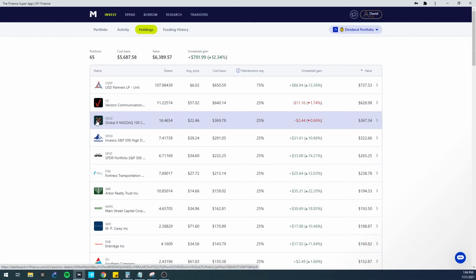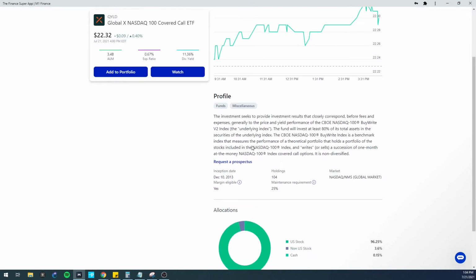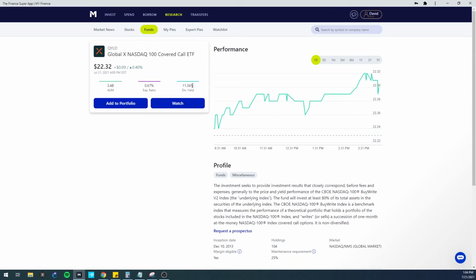QYLD is called a covered call ETF. It does some weird things, but it has a really decent dividend of like 10, 11 some percent. Yeah, it has a 11.36% dividend yield for QYLD.